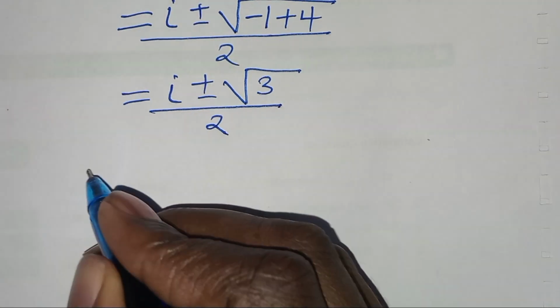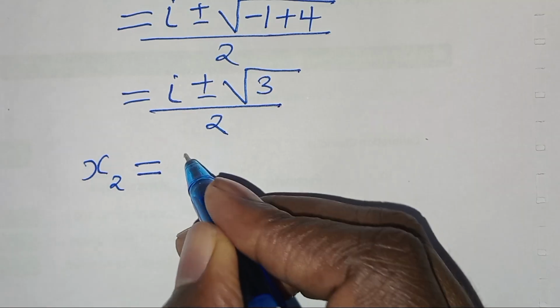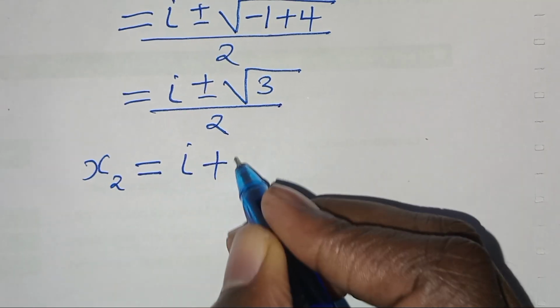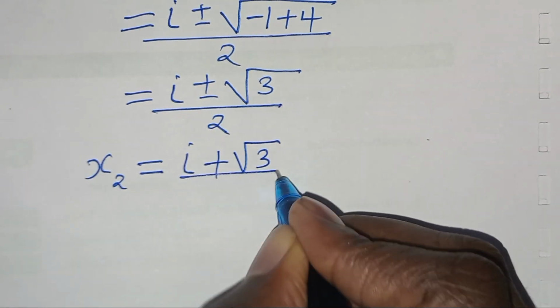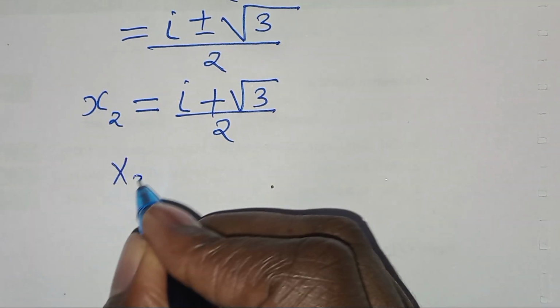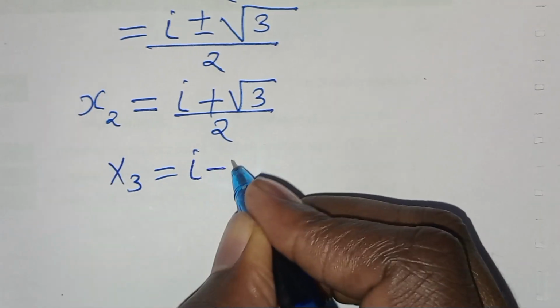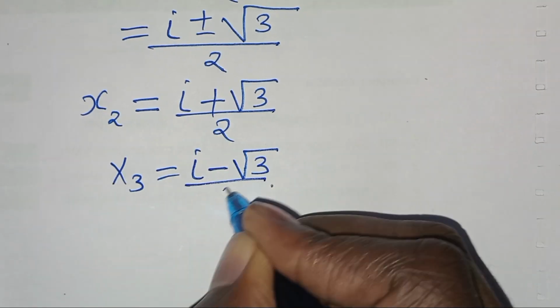So x2 here is equal to i plus square root of 3 divided by 2. And we have that x3 is equal to i minus square root of 3 divided by 2.